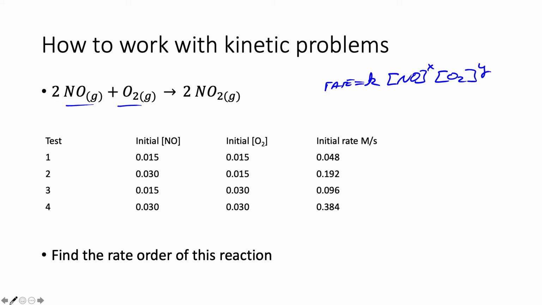When we measure the rate, we're actually looking at the formation of NO2. This is the formation of NO2, and this is the initial rate. Now what's happening is we're changing our reagents.